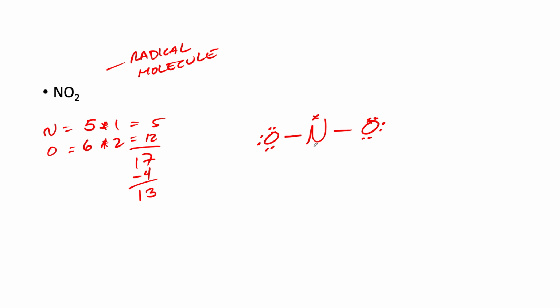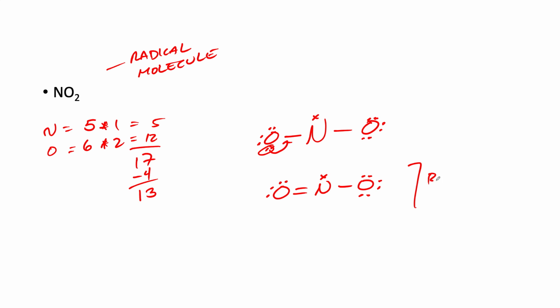In some of these hard problems, you will never get 8 around an atom. What will happen is you want to get as close to 8 as possible, so move this over. So oxygen double bond nitrogen, single bond oxygen, and we've got an electron up here.